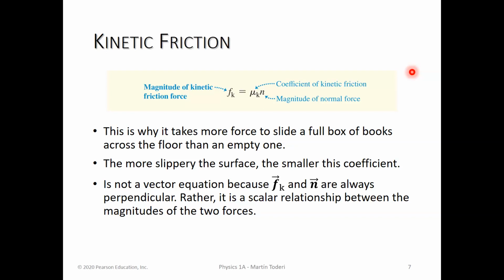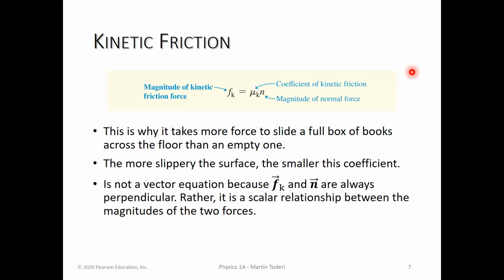So things that are heavier are harder to move when you have contact between two surfaces. The more slippery the surface, the smaller the coefficient, of course, because we will have less friction. And as I said before, this is not a vector equation, because Fk and N are always perpendicular.